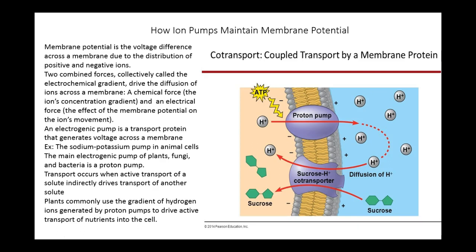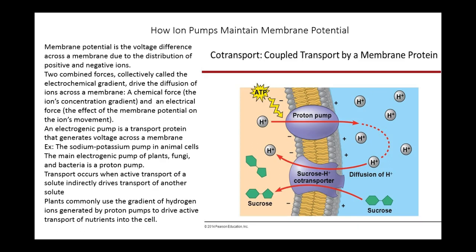A proton, which is H plus, is hydrogen that doesn't have its electron. ATP is going to be used to pump those hydrogen protons outside of the cell against a concentration gradient. So you can tell there's only 2 of them inside the cell, and there's 1, 2, 3, 4, 5, 6 of them outside. So we are pumping them outside against their concentration gradient, and we're doing that just because that creates energy on the outside.